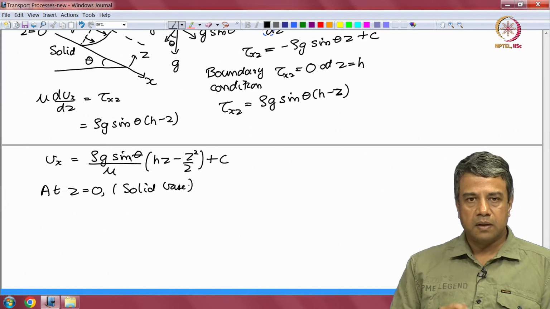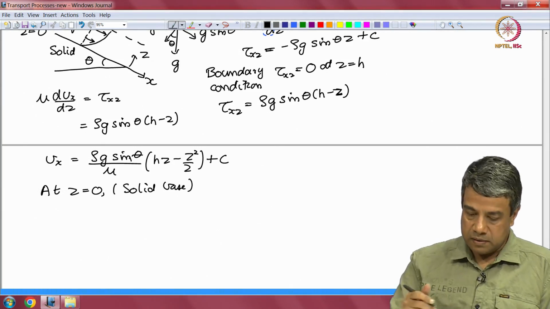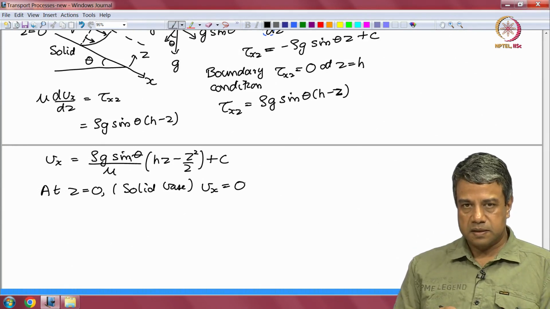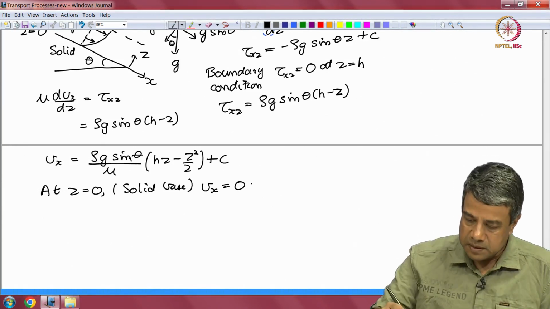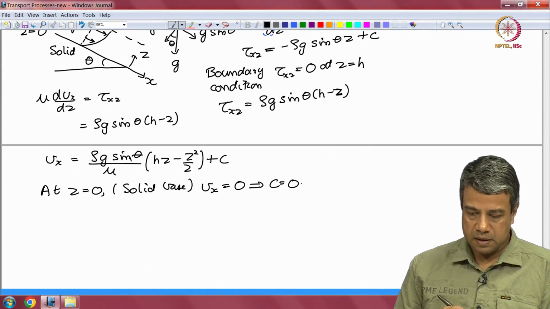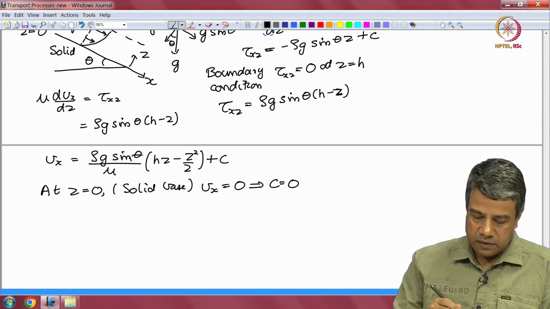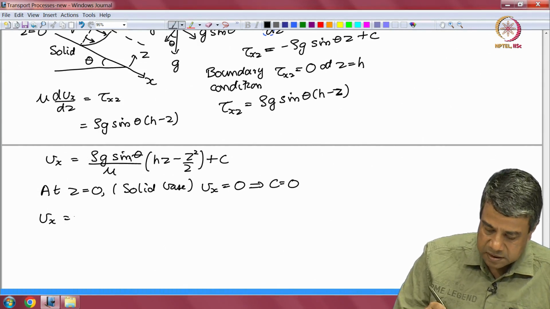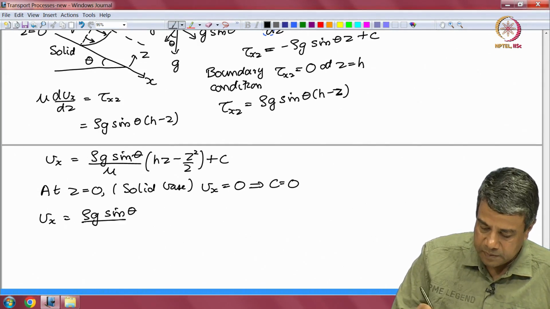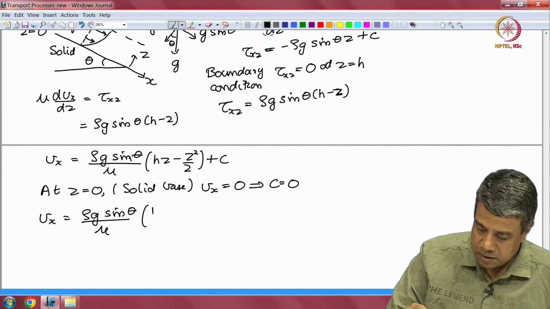You have to apply the no slip condition, Vx is equal to 0 at the solid base, which implies that C is equal to 0. Therefore, the velocity can be written as Vx is equal to rho g sin theta by mu into hz minus z square by 2.